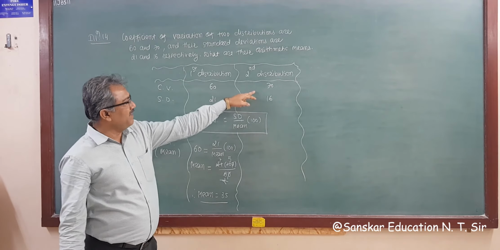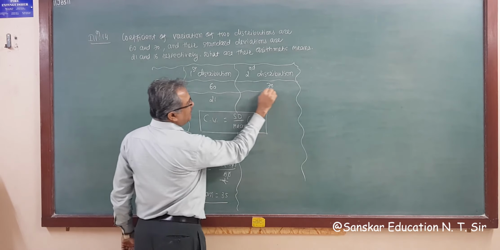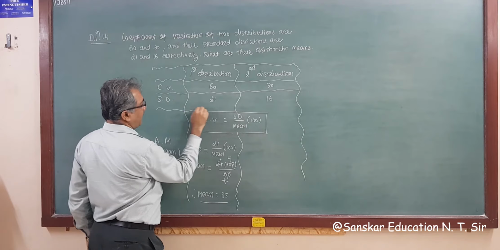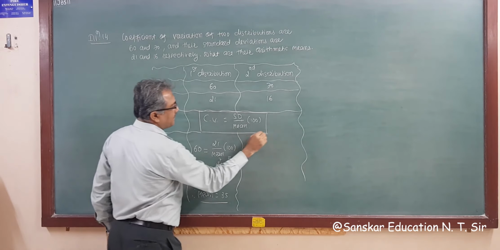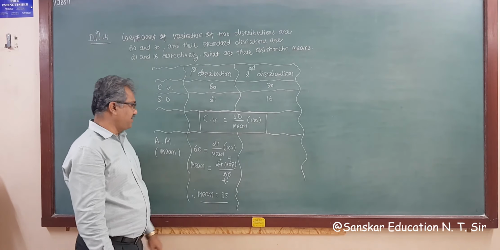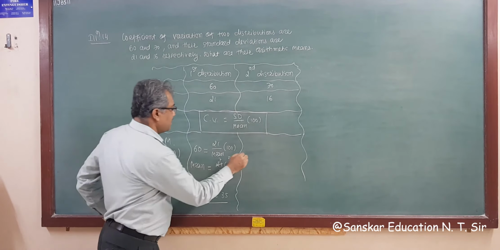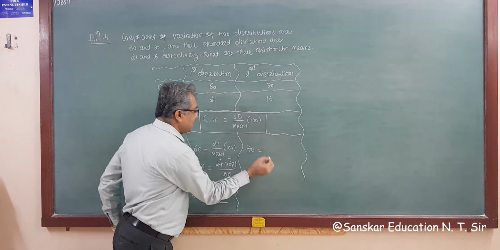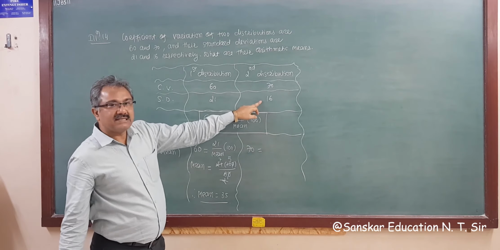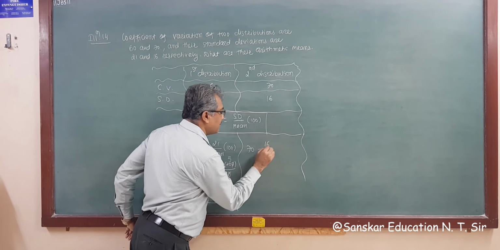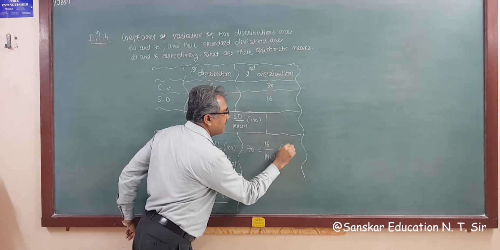Now the arithmetic mean of the second distribution. CV for the second distribution is 70. So 70 is equal to standard deviation 16, and we have to find the mean, upon mean into 100.